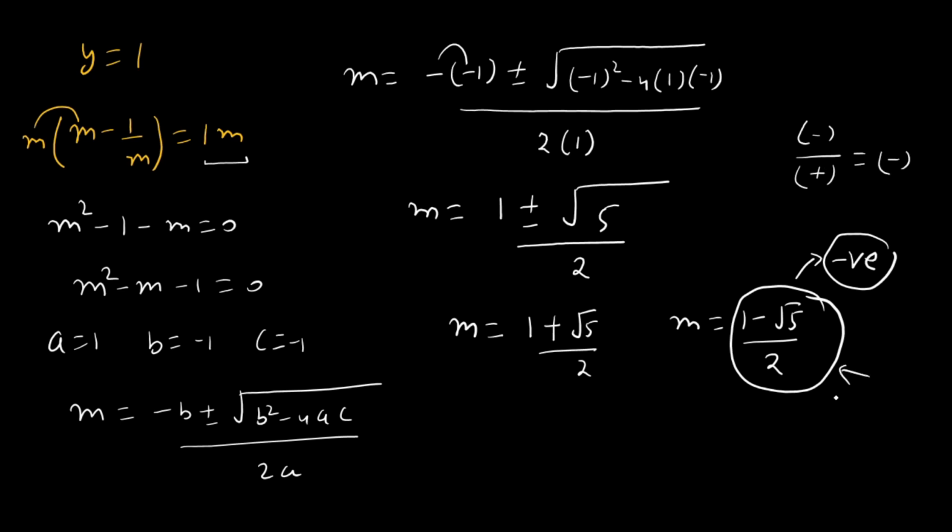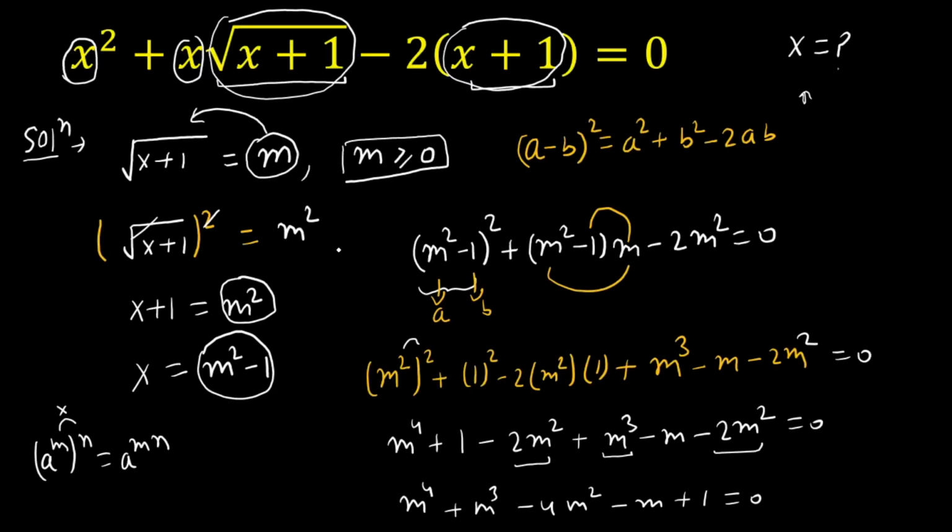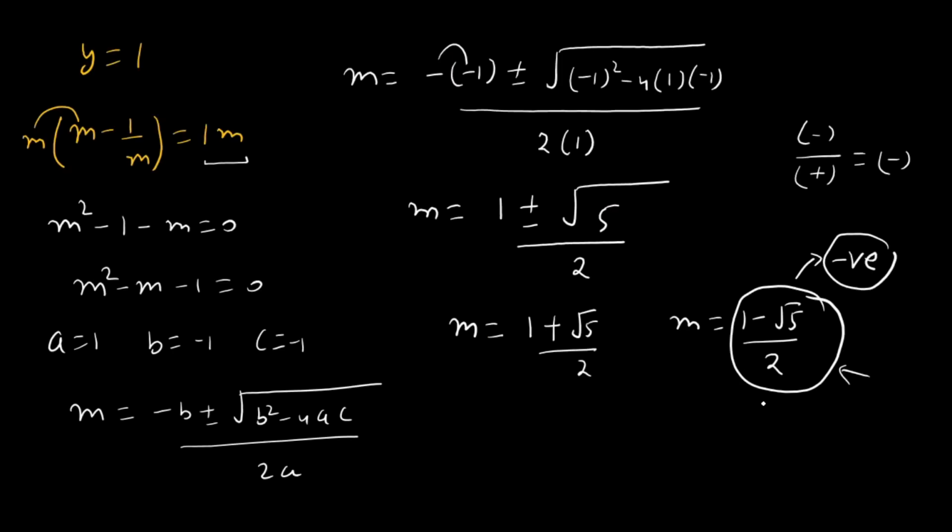So this value is negative, and it is given here that m is greater than or equal to 0. So this value is rejected. Here the value of m is 1 plus square root of 5 divided by 2.